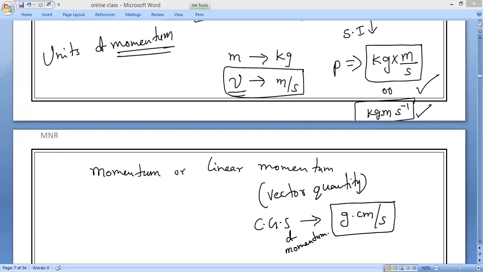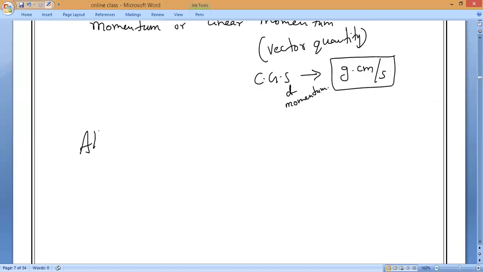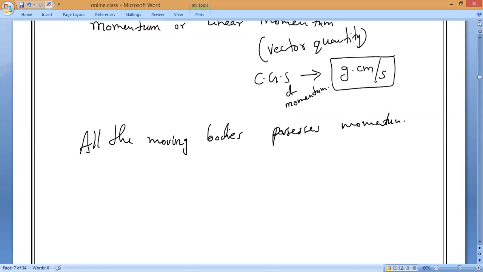As we know, all the moving bodies possess momentum or not? Everyone, please respond. All the moving bodies, please remember, possess momentum. You understand? That is what you have to remember.